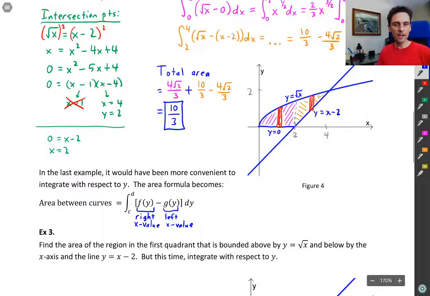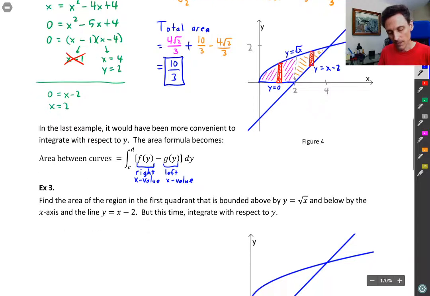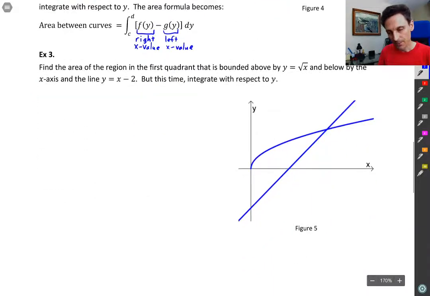Again, it's the same exact reasoning that we used when we chopped up in the x direction as when we chop up in the y direction. The visual argument is still the same. So only a slight change to the formula.